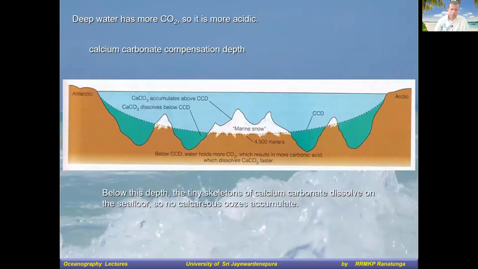All right. And that video also talks about the carbonate compensation depth, right? CCD we call it, not the Cost Conservation Department, CCD. This is the carbonate compensation depth. In the deep waters, as you may know, more carbon dioxide is dissolved.